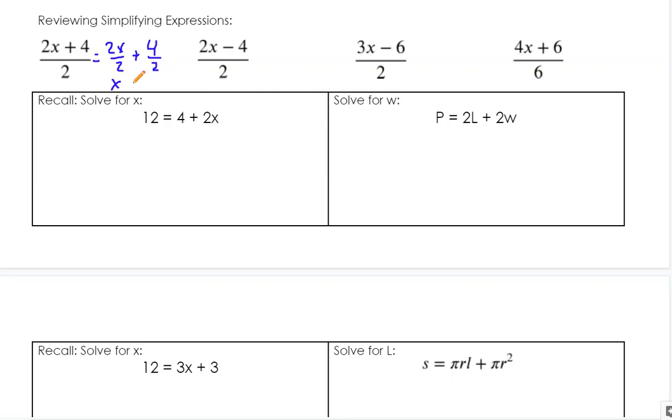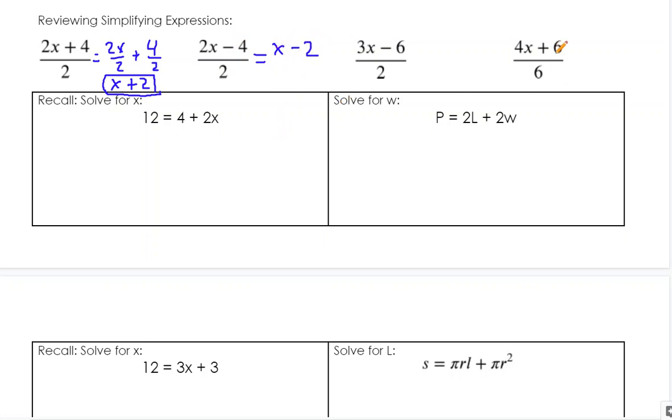And 4 divided by 2 is 2, so it'd be x plus 2. So all you're doing is you're dividing both things in the numerator by the denominator. So if I did this one, 2x minus 4, 2x divided by 2 would give me 1 or 1x, right? Negative 4 divided by 2 would give me negative 2. That's my answer. I can't combine those two, right?